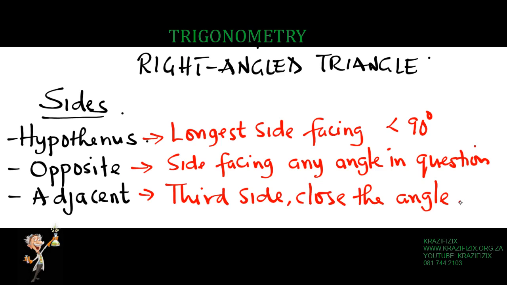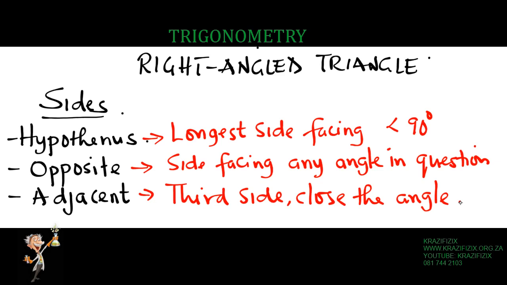Alright, so we have three sides of a right angle triangle. The hypotenuse of the triangle. We have the opposite, the side facing whichever angle we want to deal with. And then we have the adjacent, which is the third side, very close to the angle. Basically, we call it adjacent because it's adjacent to the angle.